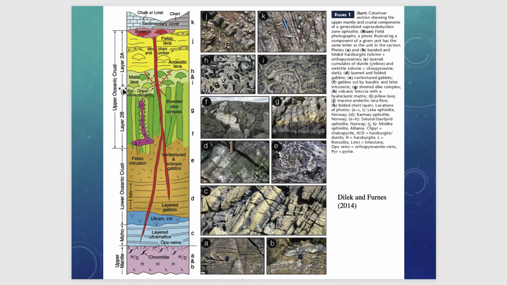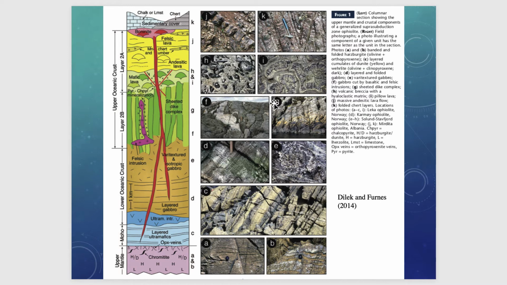This usually intersects also layer 2A, which is represented by lava that progressively gets more felsic in composition. So you start with mafic lavas that are pillow lavas. You can see them in I, which will be dominated by these pillows. You can see irregular pillows forming and touching themselves in contact with an irregular geometry.